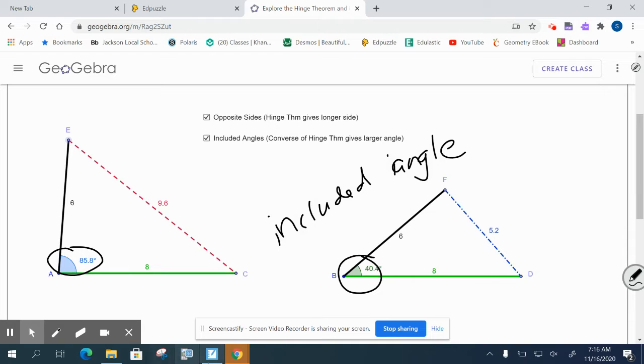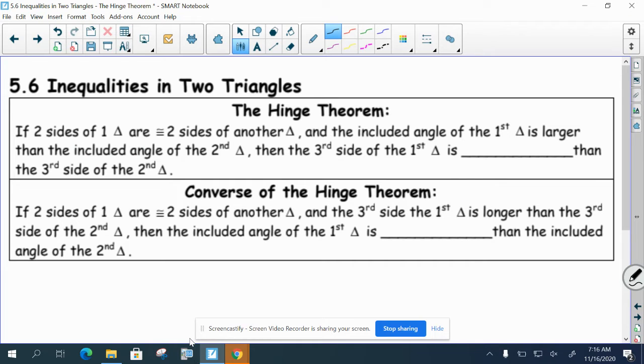All right, so here, go ahead and copy down the Hinge theorem and the converse of the Hinge theorem. So this says that if two sides of one triangle are congruent to two sides of another triangle, so the 6 and the 8, and the included angle of the first is larger than the included angle of the second, then the third side of the first is going to be larger than the third side of the second triangle, right?